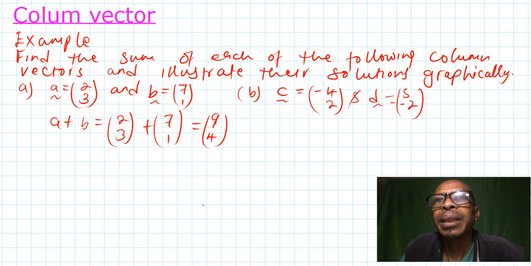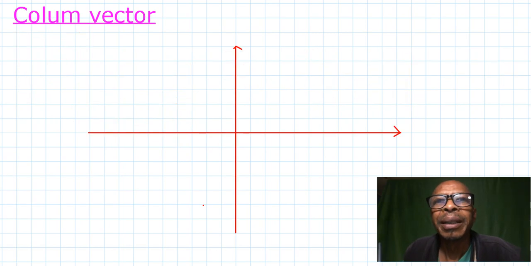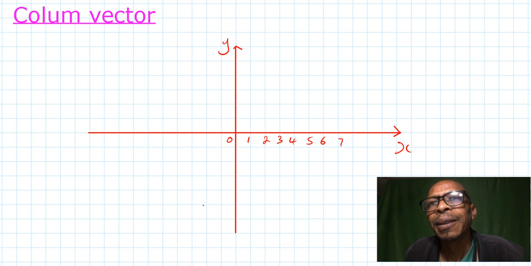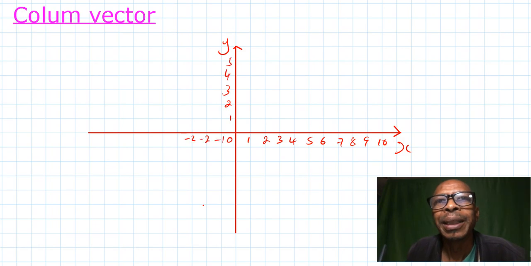So we label our Cartesian axes: this is y, this is x. This is 0. We have 1, 2, 3, 4, 5, 6, 7, 8, 9, 10, and on the negative side, minus 1, minus 2, minus 3, minus 4, minus 5, minus 6, minus 7, minus 8, and for y, 1 to 5 and minus 1 to minus 5.